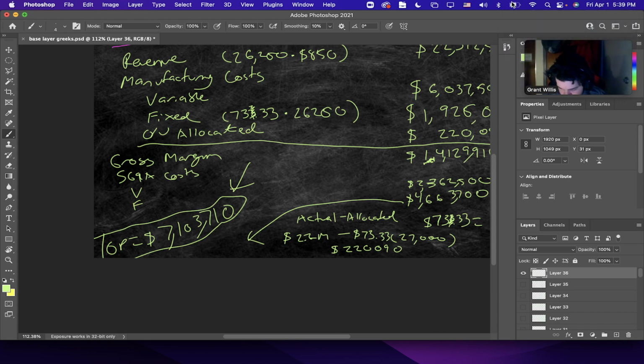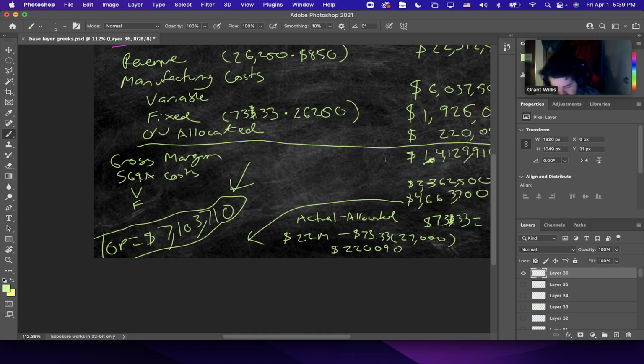Okay, so next we do the GM. Yep. Also, for the allocation, can you tell me if this is over or under allocated? Would this be over allocated? No. It will be under allocated.